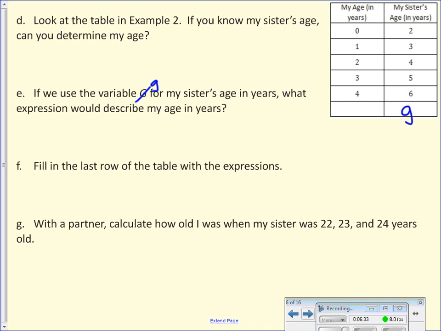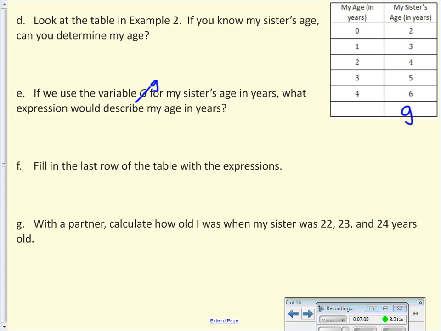For example, when we write our formula, area equals length times width, we use a capital A for area, but a lowercase for length and a lowercase for width. Volume equals length times width times height. Capital V for volume, but lowercase for the rest. So capitals are usually reserved for things like sums or quantities, total amounts for formulas. So I don't like to use capital letters as variables.